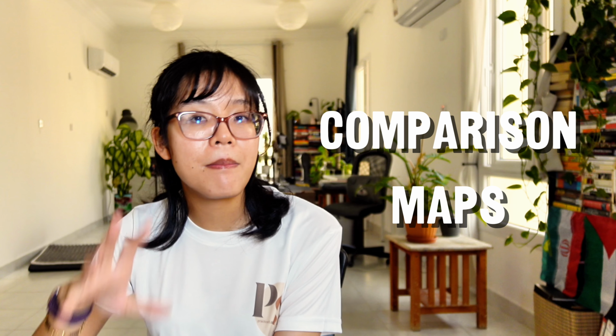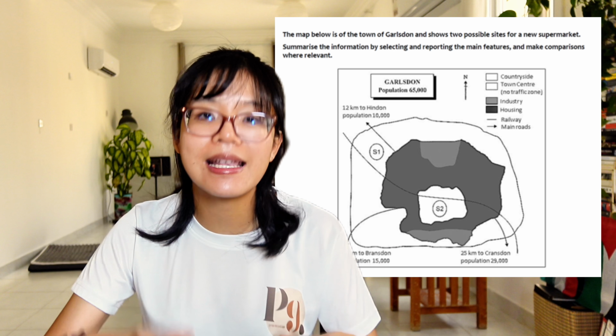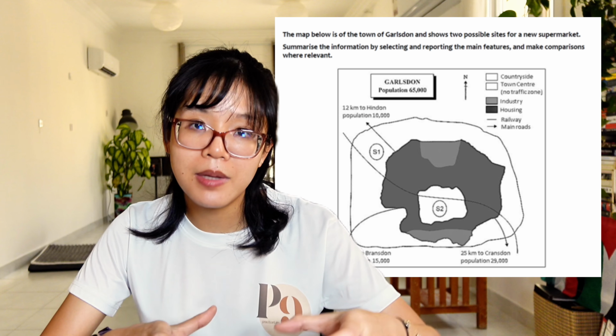The second type is comparison maps. So these are maps of the same exact place, but with two different plans. For example, you have one city, but you have two different plans for a supermarket, one in the north and one in the south. Based on the names of those types, we have the requirements for them.